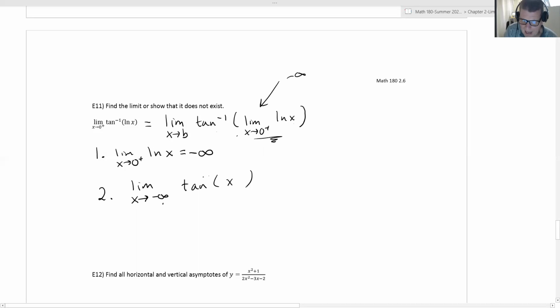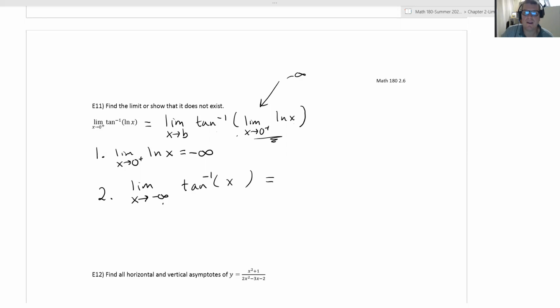What happens to tan inverse? What is this going to be? Think again. It's tan inverse, right? What does tan inverse approach as we go towards negative infinity? Nope.